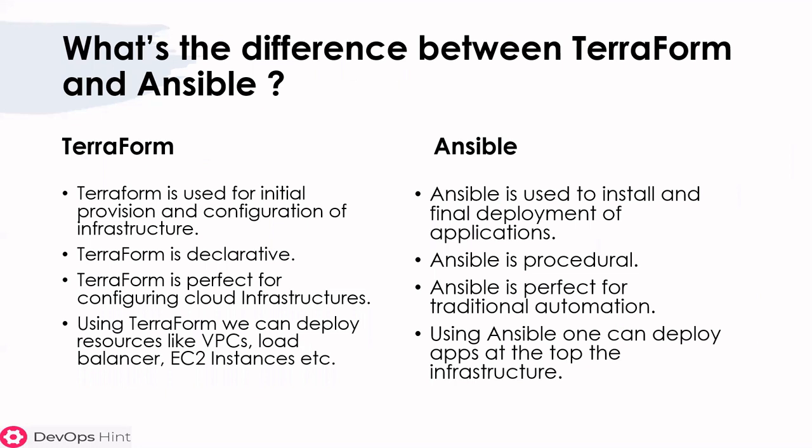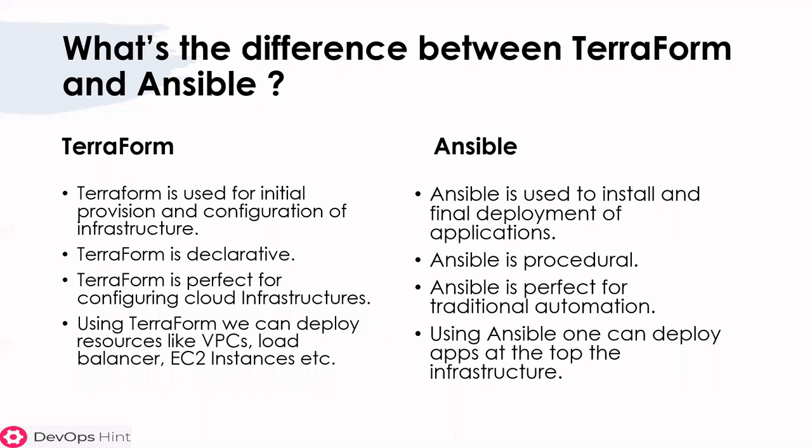So what is the difference between Terraform and Ansible? You must know that we can use different tools for infrastructure as code, and Ansible is one of them. Basically, what is the difference between them? Ansible is used to install and do the final deployment of applications.